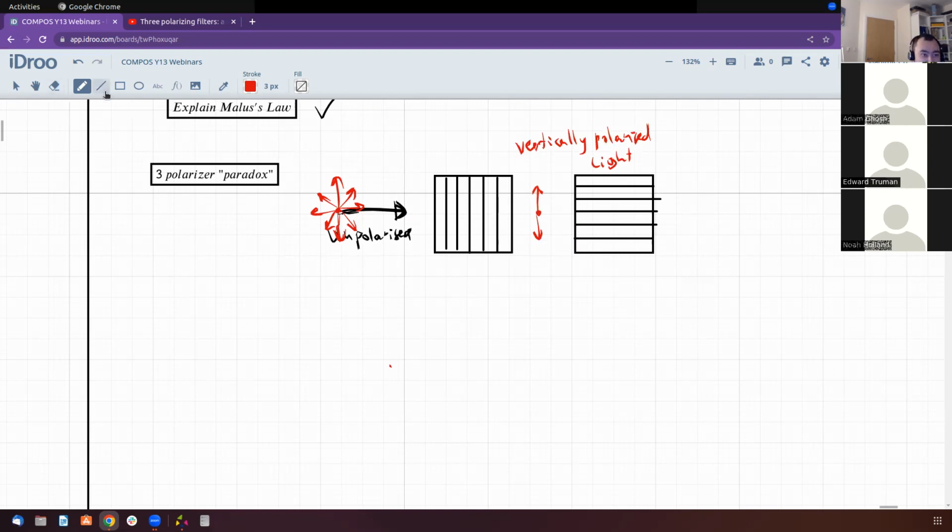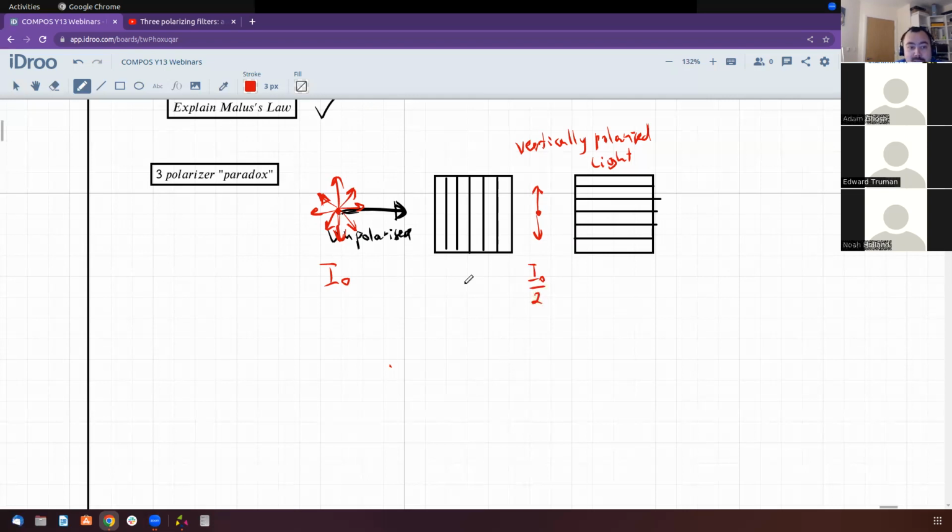And let's calculate the intensity. Here we can't really use Malus's law because this is unpolarized light. So we use the idea that if you have I0, how much of it comes out? If it's unpolarized, half of the light is vertically polarized and half is horizontally polarized. So coming out would be I0 over 2.